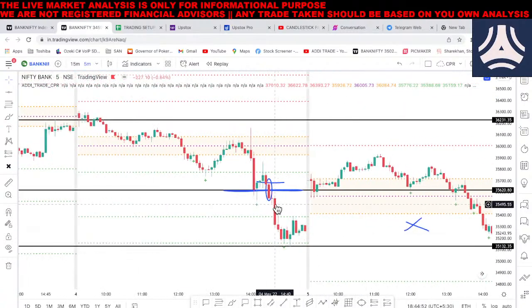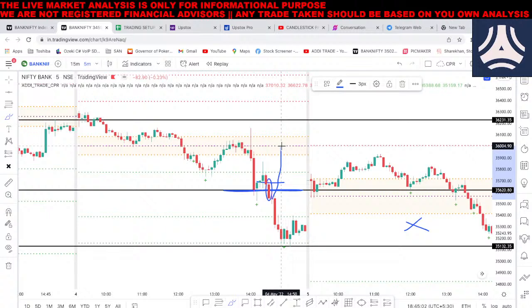So in this case, our stop loss was the previous day low. Why previous day low? Because if price goes back above the previous day low, most likely it will reverse back to the CPR. So we will not keep the high of this candle. We will use the previous day low as stop loss. Target is S2 and S3.